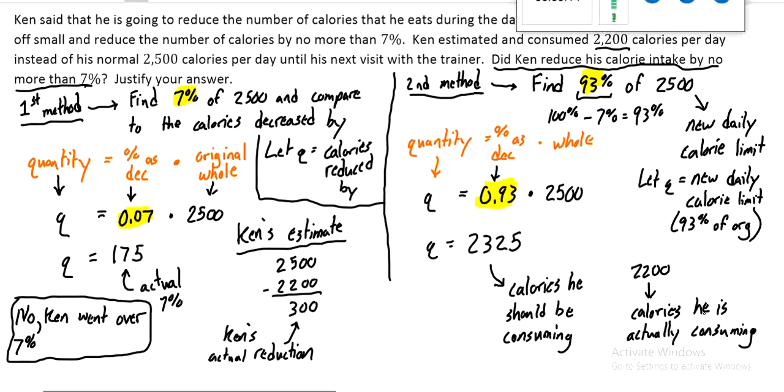So there we go. And again, that leads us to say, oh, he's supposed to be at 2,325. He went down too far to 2,200. So he's consuming less than he actually should be. He went down by too much. Again, back to this, no, Ken went over 7% down.